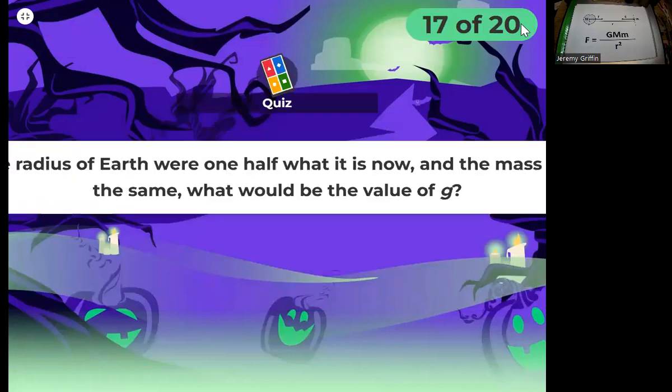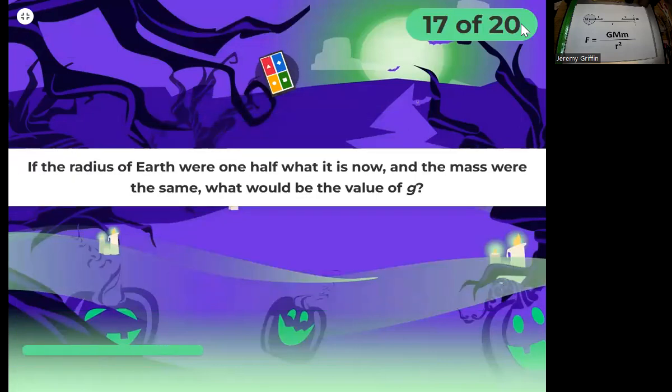All right. If the radius of the Earth were half of what it is now and the mass were the same, ooh.